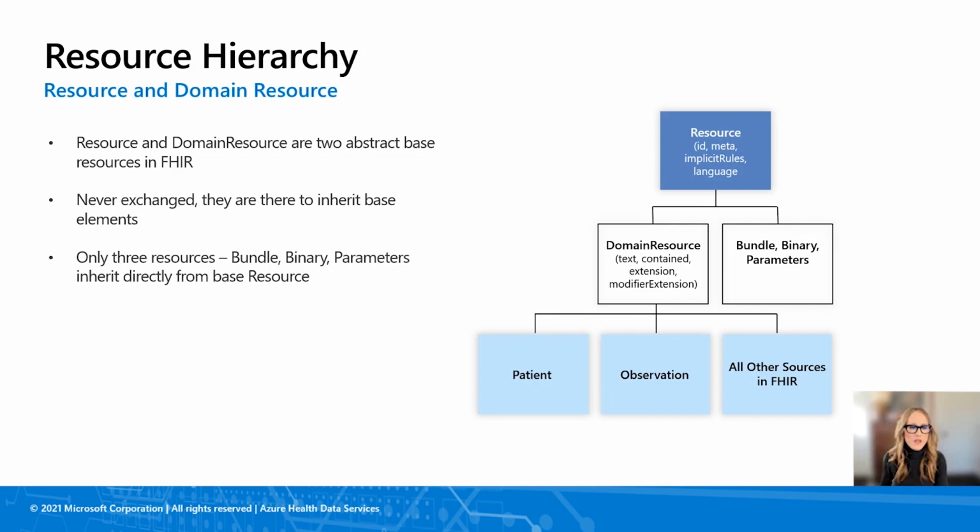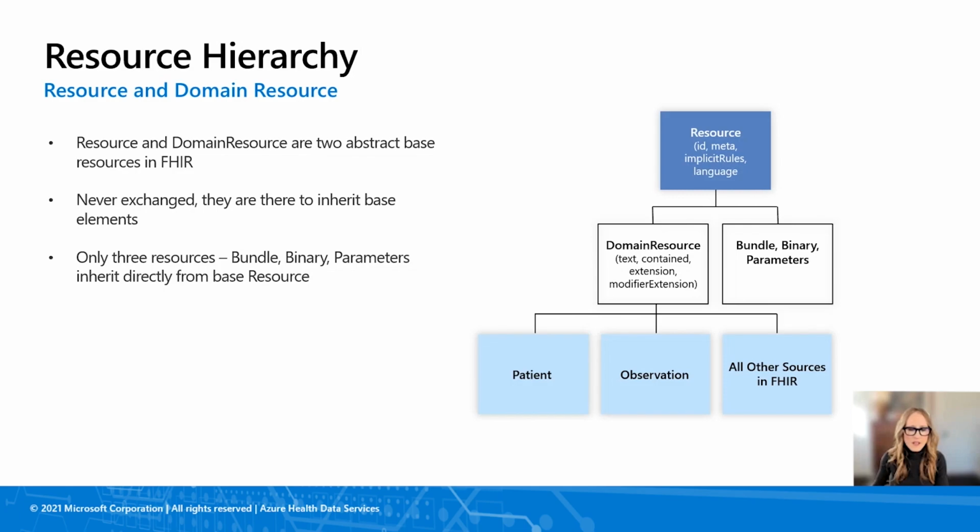So a few examples we gave previously were patient observations, and many of the other canonical resources, normalized resources in the FHIR spec. So these domain resources are going to contain specific text. They're going to be able to point and affiliate and associate with other resource elements when gathered together. They're never specifically exchanged, but they are there to inherit from the base resources themselves.